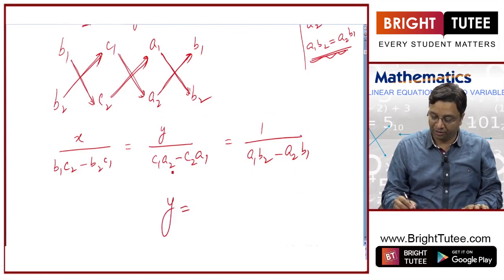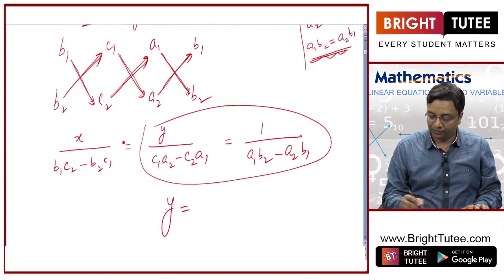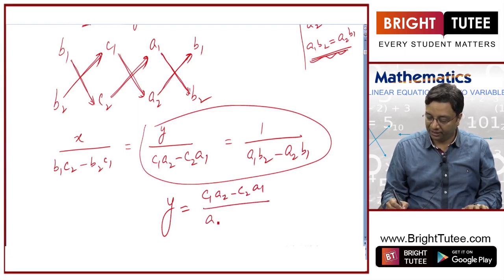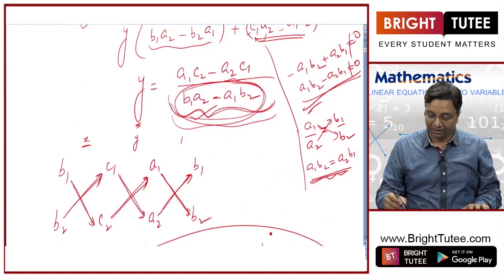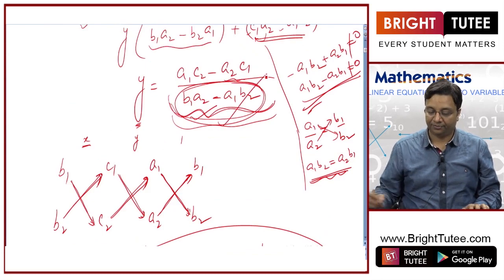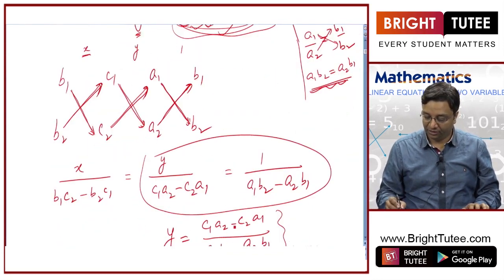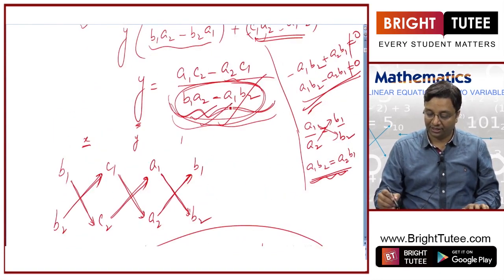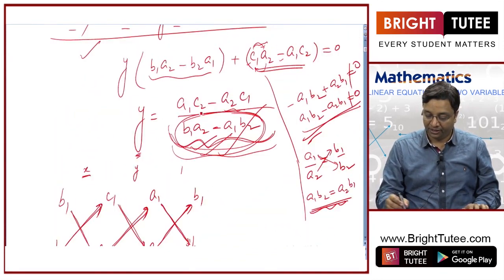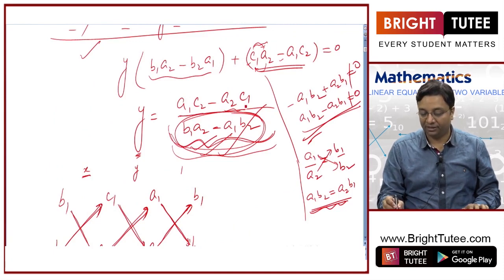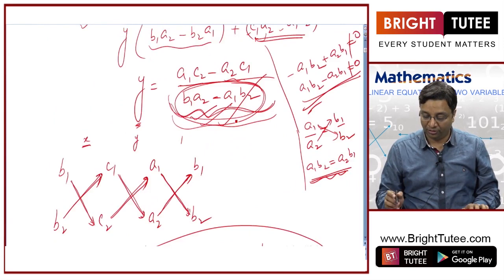y will be equal to, I will use these two, c1 a2 minus c2 a1 divided by a1 b2 minus a2 b1. Have you seen this kind of expression somewhere? Yes, this one. You can change these signs to look exactly the same as this. This is c1 a2 minus c2 a1. This is c2 a1 minus c1 a2. Similarly, the signs of the denominator will also be changed.